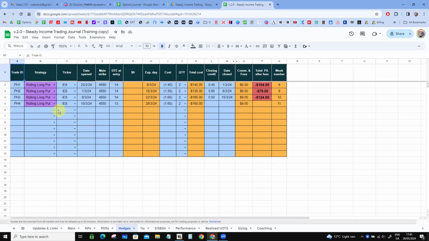Now, the little hedges that we're doing here, I would consider more semi-hedges, because they will also only get triggered in an event where the market is strongly going down, but they're not meant to cover the whole exposure that we have in the account.